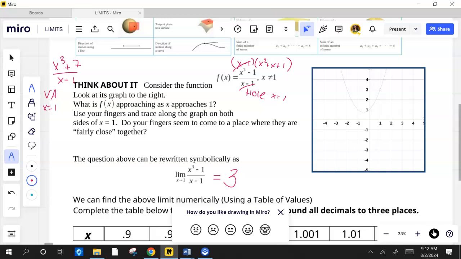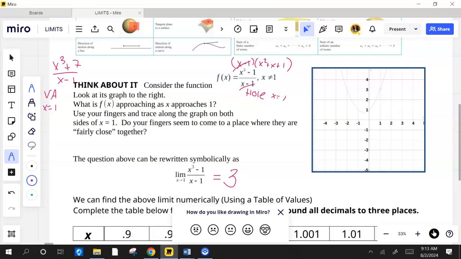You might have to do it from a graph, and you might also have to do it from a table. When there is a limit, you have to write it like that, or they will say, what is this limit? We're going to do tons of these, and then you just write equals 3.